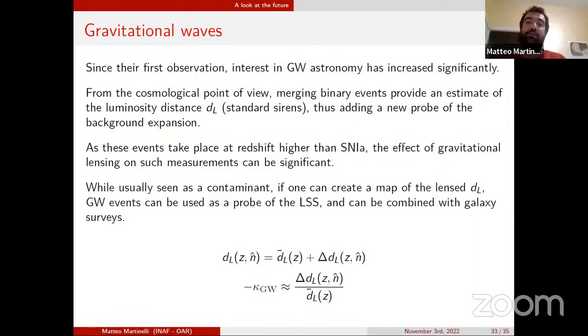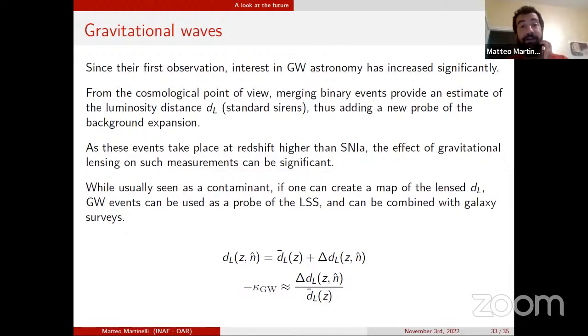This is usually seen as a nuisance because it doesn't show you the real value of the luminosity distance. But if you're able to get a mean value, the mean value of the luminosity distance, you can try to measure the distribution of this lensing effect on the sky. Basically, this delta L will tell you the convergence field on the sky, which is related to the shear field, and you can try to probe the large-scale structure just by observing gravitational waves.